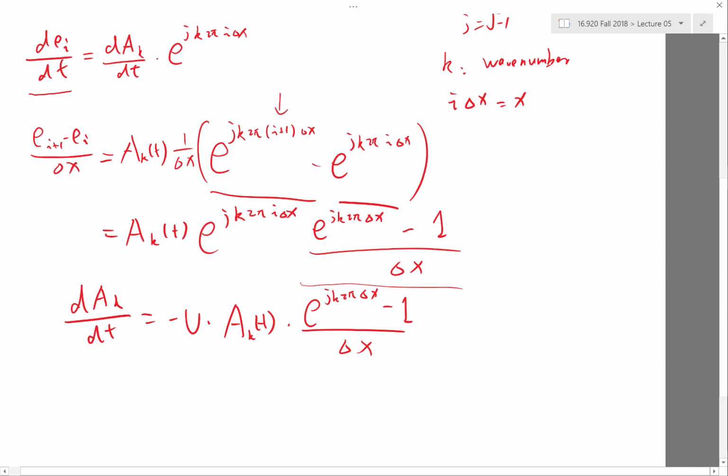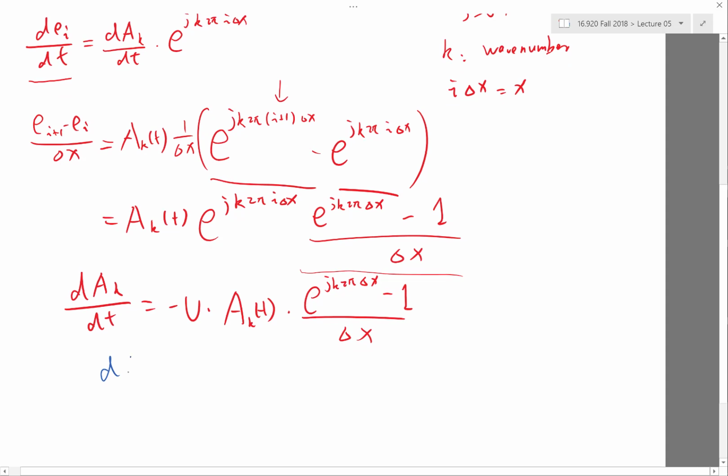And the proportionality constant, this is again a linear differential equation, right? Of the type dA/dt equal to lambda A, except the lambda here is now minus u times this complex number. It's the first time we actually get a complex differential equation. dA/dt equal to lambda A, where lambda is complex.